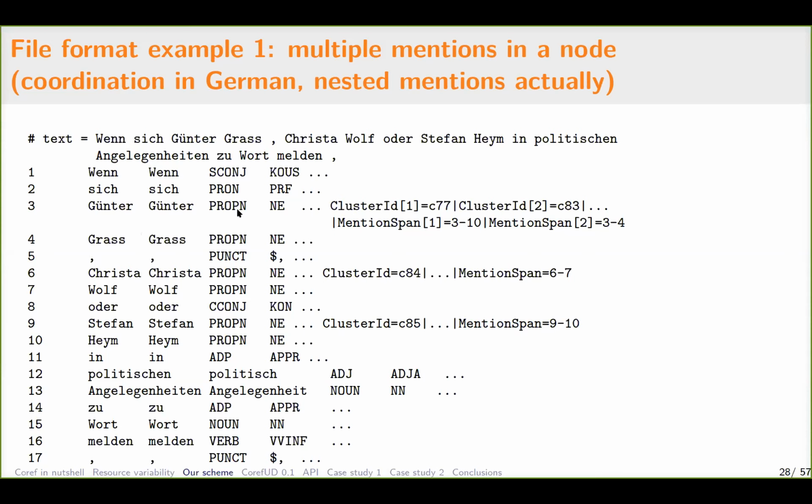Because of the Universal Dependencies coordination style, we have 2 mentions being headed by the first name: just the name itself, or the whole coordination. So by using these brackets, we can have multiple mentions being headed in the same node.